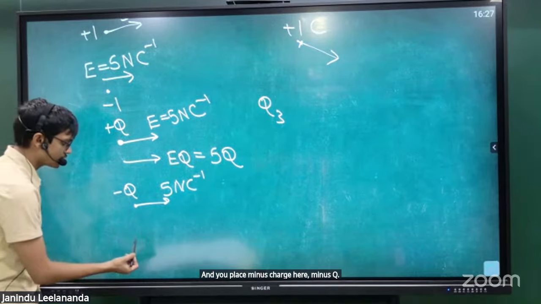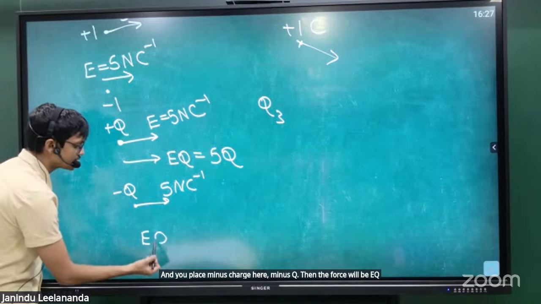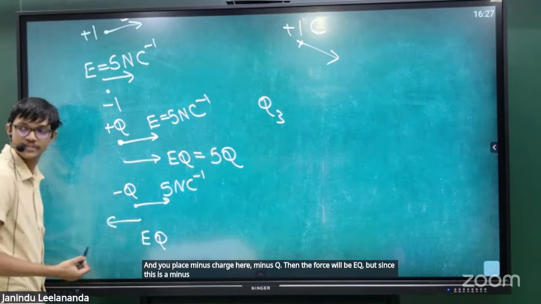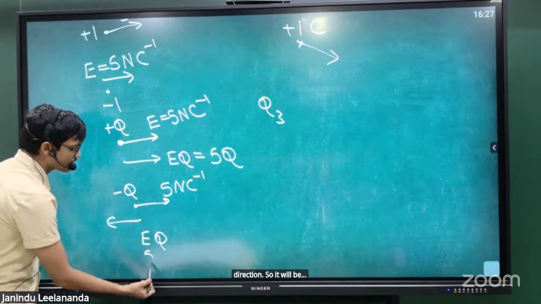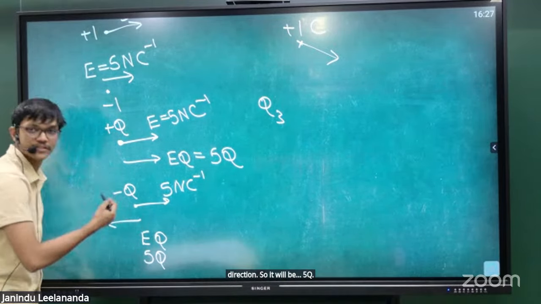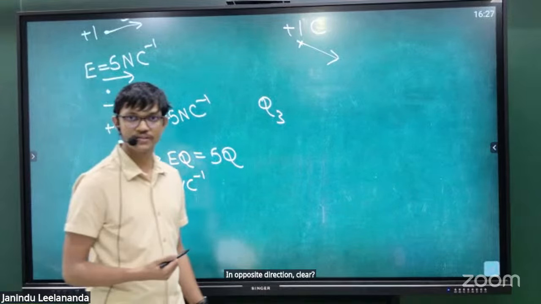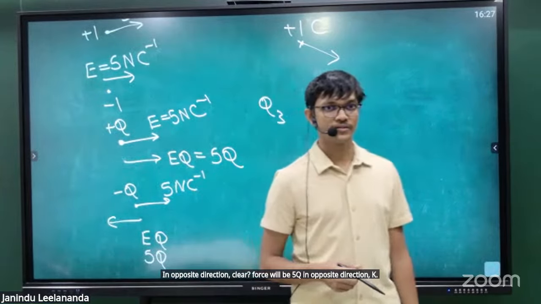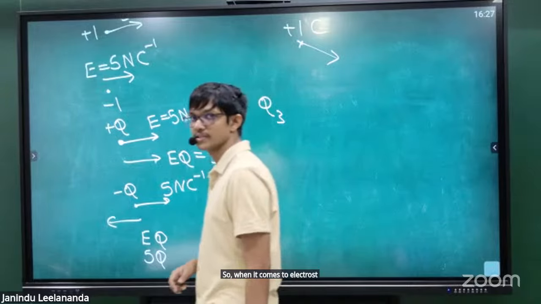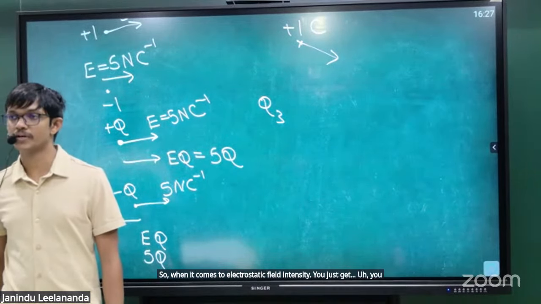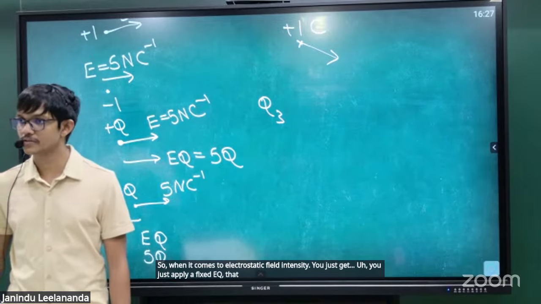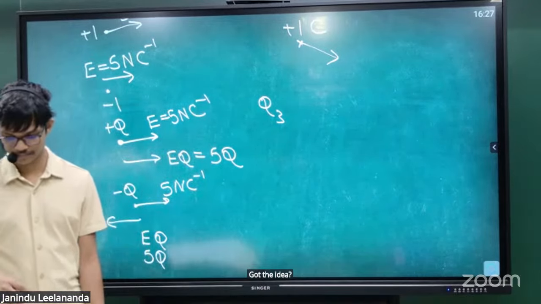The force will be EQ, but since this is a minus charge, it will be in the opposite direction. So the force will be 5Q in the opposite direction. So when it comes to electrostatic field intensity, you just apply F equals EQ. That's all. Got the idea?